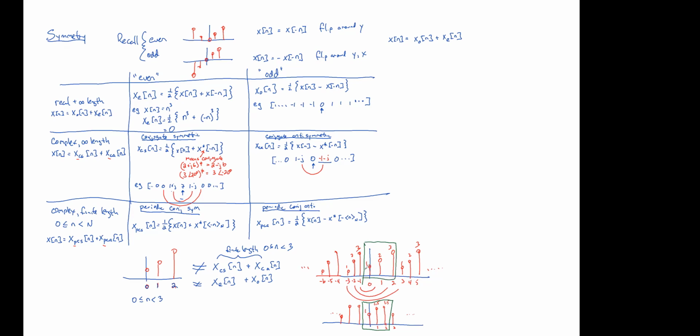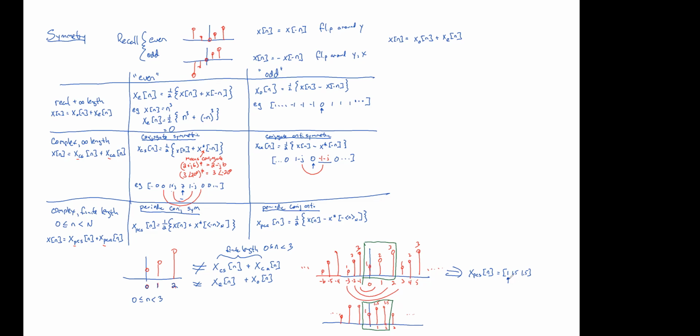And so therefore, your periodic conjugate symmetric portion of this waveform is equal to 1, 1.5, 1.5. And you can do the same trick to find the periodic conjugate antisymmetric.